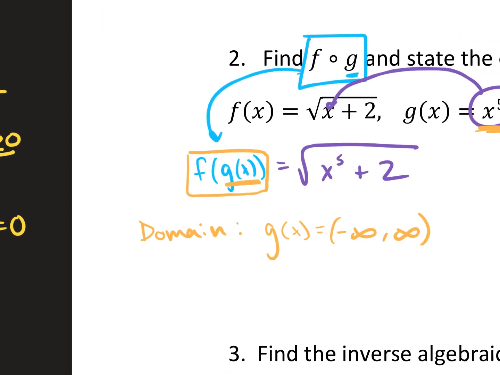So now for my domain of the whole thing, my f of g of x domain, I have a restriction here because I have a square root. So I set what's inside the square root greater than or equal to 0, because it can't be less than 0. So I have x to the 5th power plus 2 is greater than or equal to 0. We solve for x.